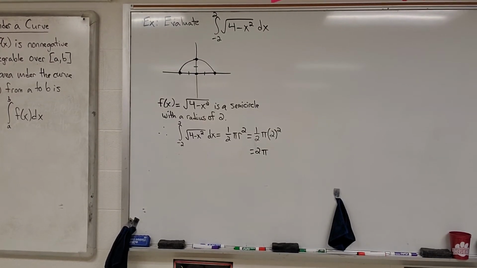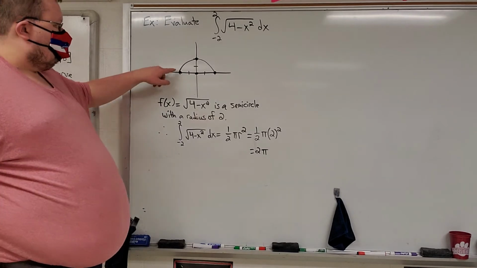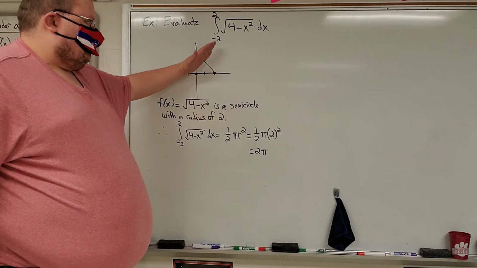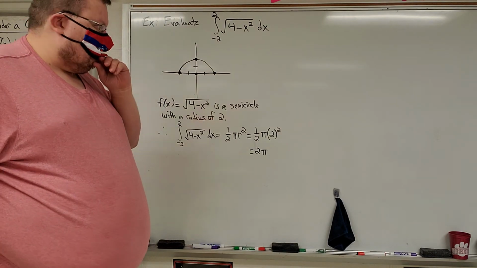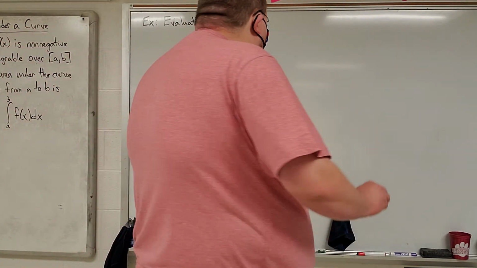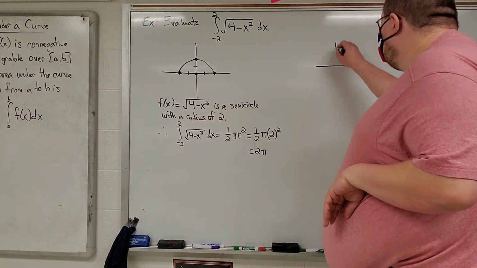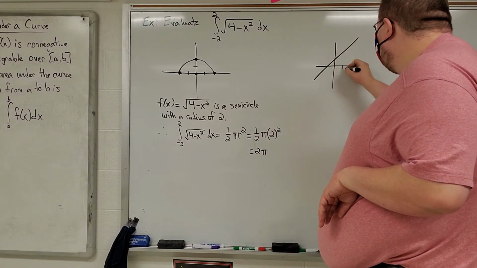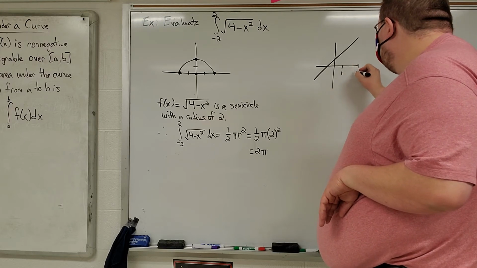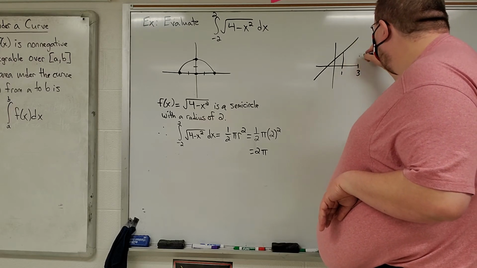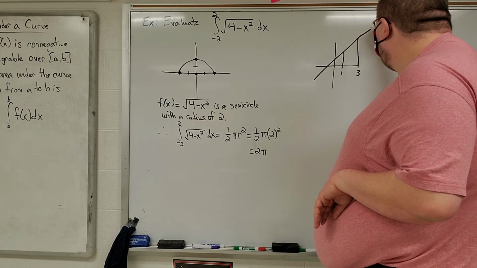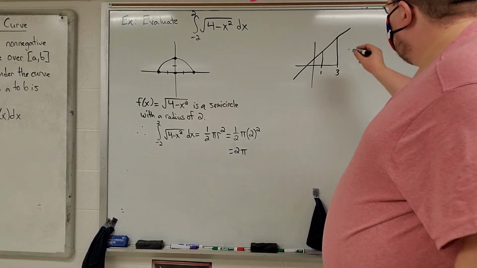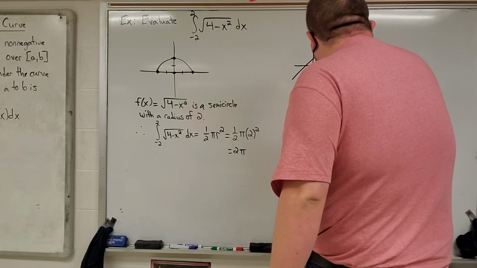So I'm going to give you some problems today where you're going to graph the function. It's going to be a recognizable shape. You may have a line, and you may be finding the area underneath the line. Let's say you're going from x equals 1 to x equals 3. What is that region underneath the curve?